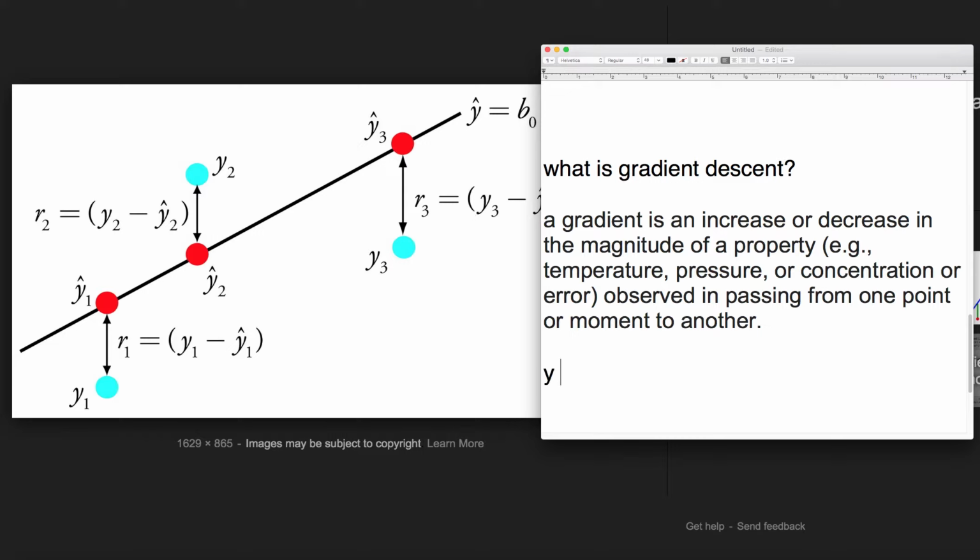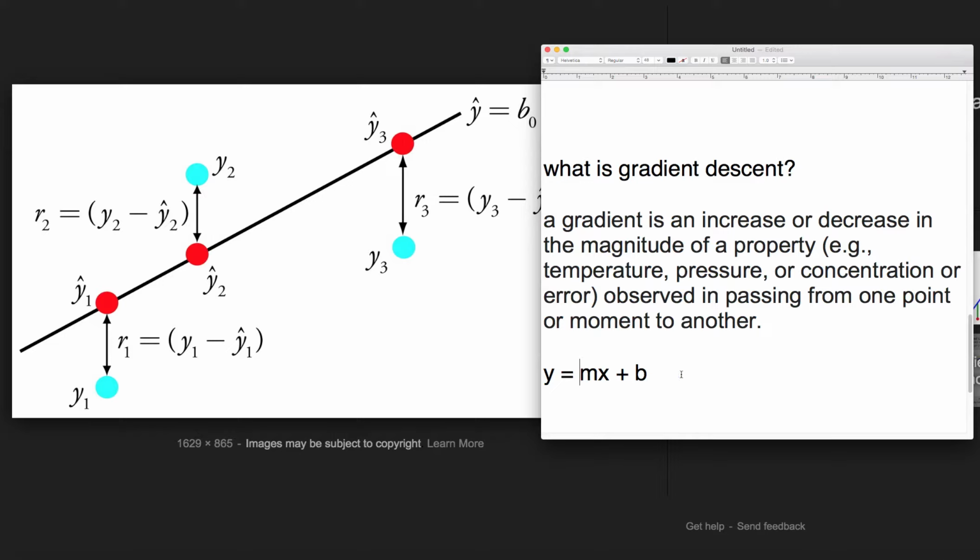And a line can be described as y = mx + b, where y is the dependent variable. We know this, right? And what we're trying to figure out is that slope and that y-intercept that will minimize the amount of error, right?